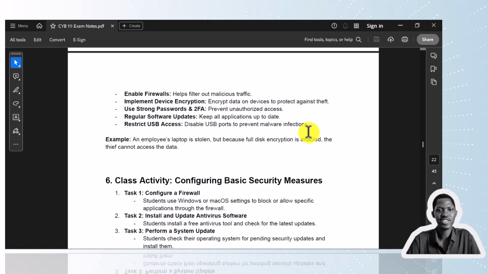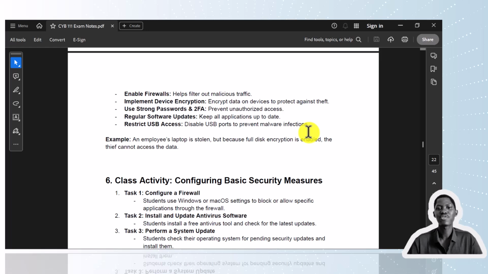So an example: an employee's laptop is stolen, but because full disk encryption is enabled, and encryption can be done on laptops too, not just phones, the thief cannot access the data. The laptop also has other security, which means they don't have the password to log into it, because once you have the password, you can easily get to the data.